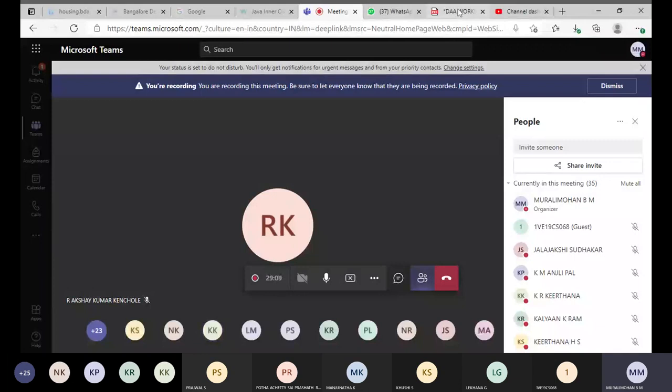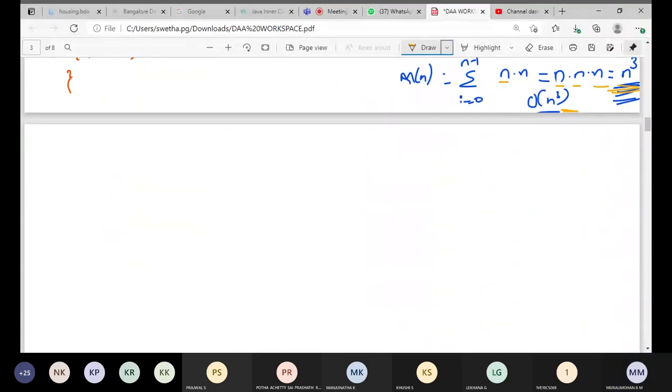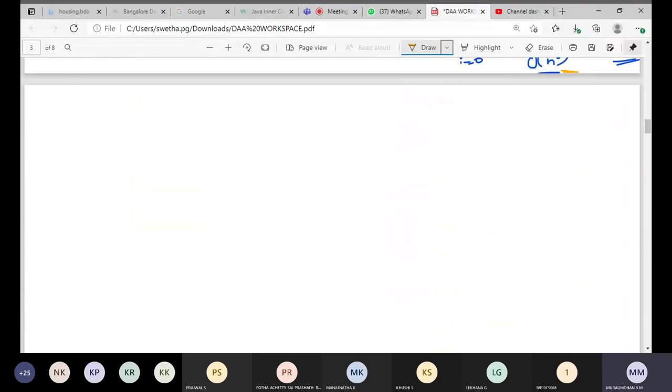Okay, so let us take one more example, the element uniqueness problem.